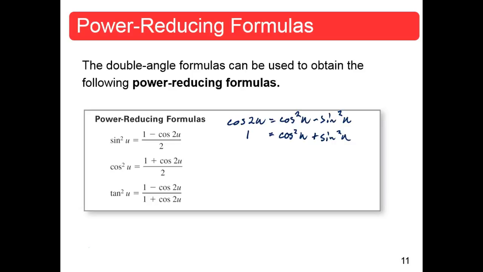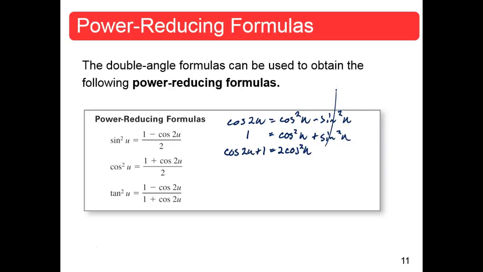Now the first thing I'm going to do: this is just sitting over here begging to be added together. Let's add this equation to that equation. And what does that give us? Cosine 2u plus 1 is equal to 2 cosine squared u plus 0.